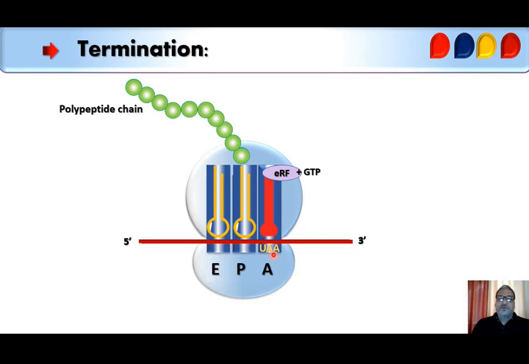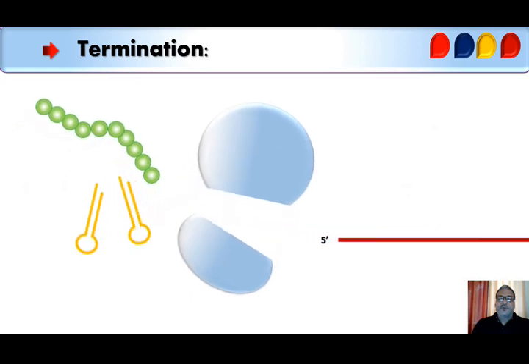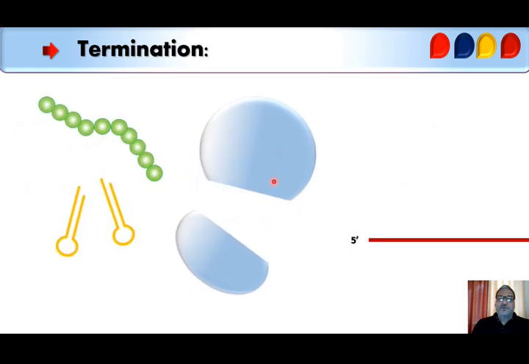The eukaryotic releasing factor, that is eRF1, recognizes all three stop codons, and the releasing factor 3 stimulates the termination event. Once the release factor binds, the ribosome units fall apart, releasing the polypeptide chain, the transfer RNAs and the mRNA, thus bringing an end to the process of translation.